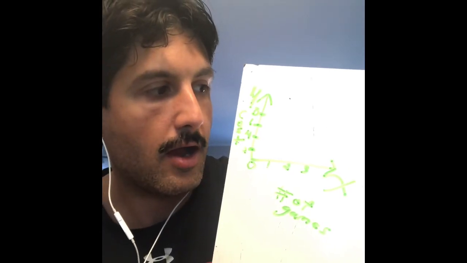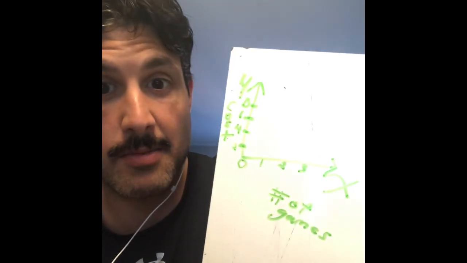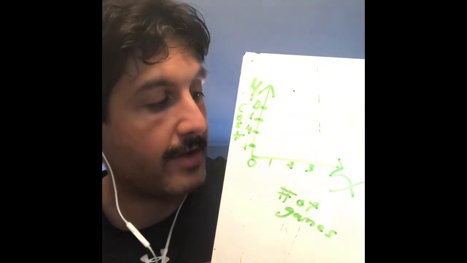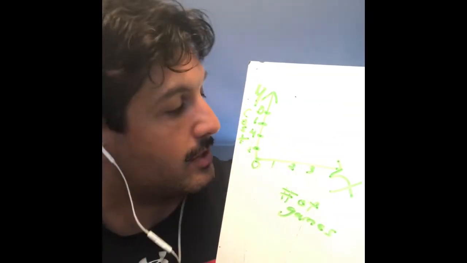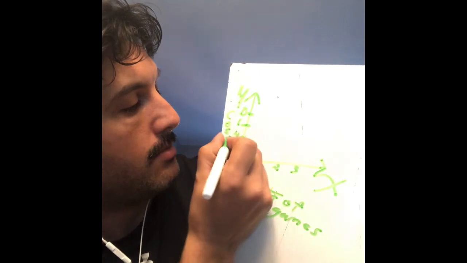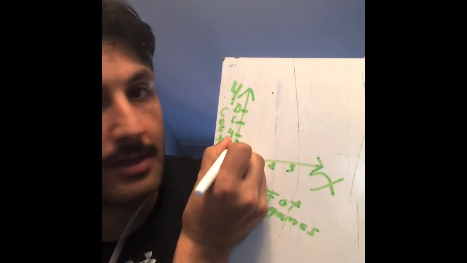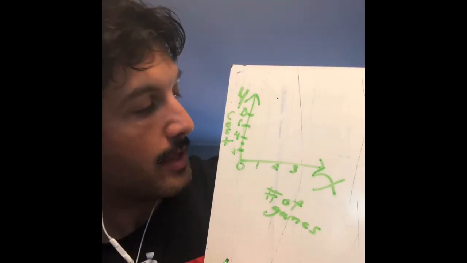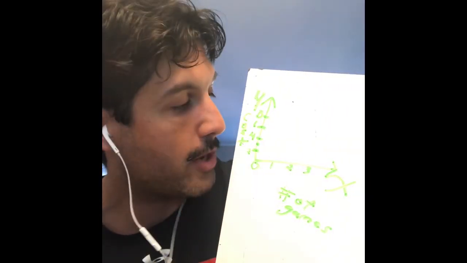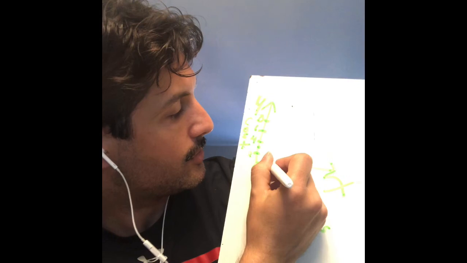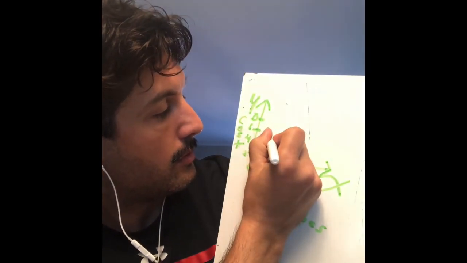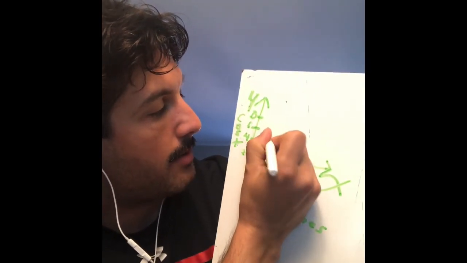So now looking at our table of values, we're just subbing in the points. We had a table of values that said at 0 games, we still had to pay $3. So I'm going to put a dot where 3 is. It's kind of in between 2 and 4, right in the middle. So I'm going to put the dot there, $3. If I play 1 game, I'm up to $5. So I'll go over to 1, up 5.